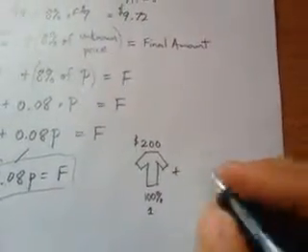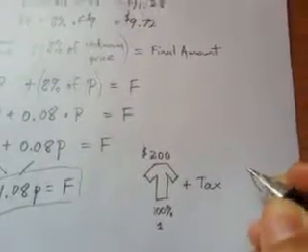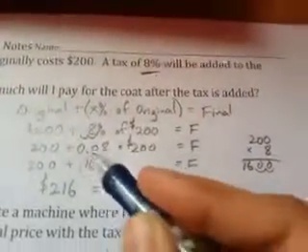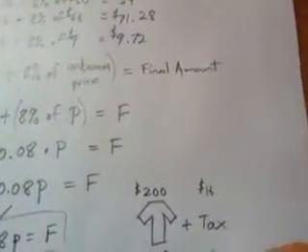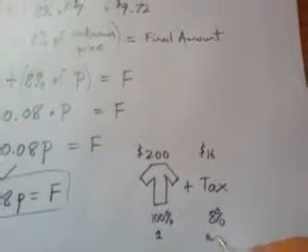And then I'm adding tax. And what is the tax? When I did the calculations up here, what was the tax? It was $16, right? 0.08 times 200. I got $16. And what does that represent? That represents 8%, a decimal of 0.08.